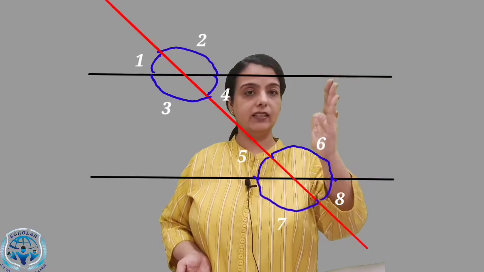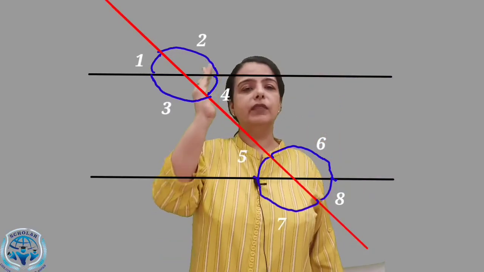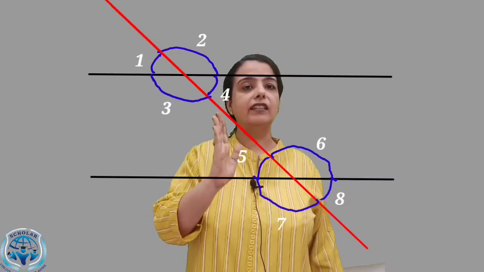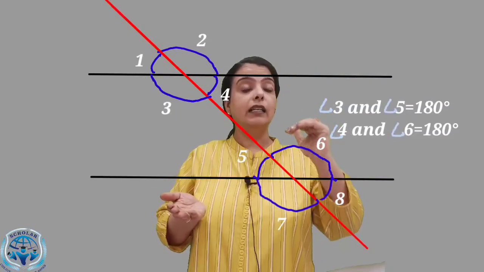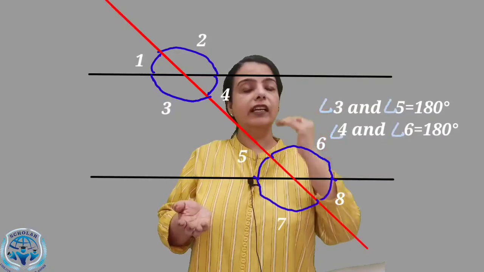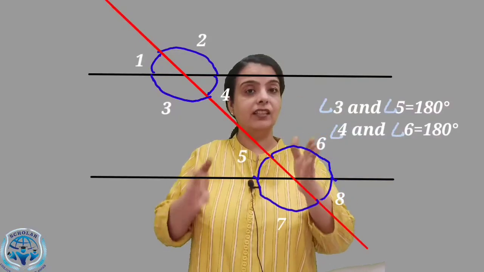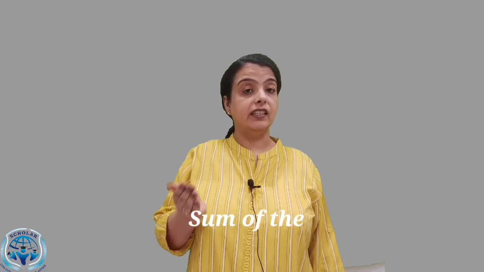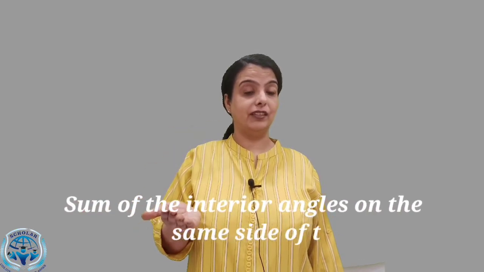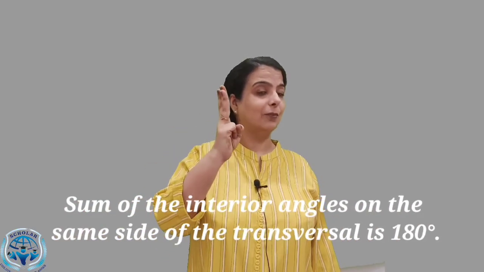When you sum up this pair of interior angles, you will end up with 180 degrees. In the same manner, if you sum up interior angles on the right hand side, you will again find the result as 180 degrees. That means the pair of interior angles made by the transversal crossing the parallel lines sum up to 180 degrees. That means they are supplementary. So this is the third point.